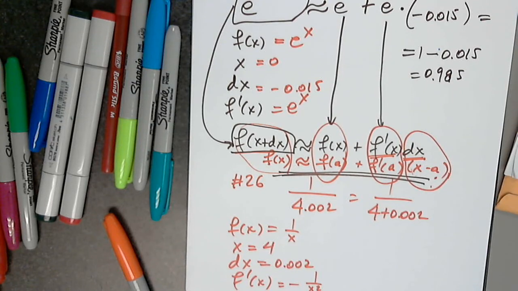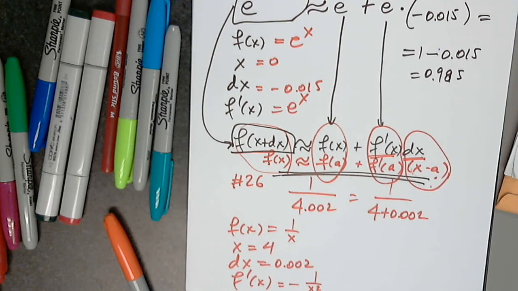Here it is. This really shows the power of calculus. So we are trying to determine e to the negative 0.015, and it should be very, very close to the 0.985 that we got.